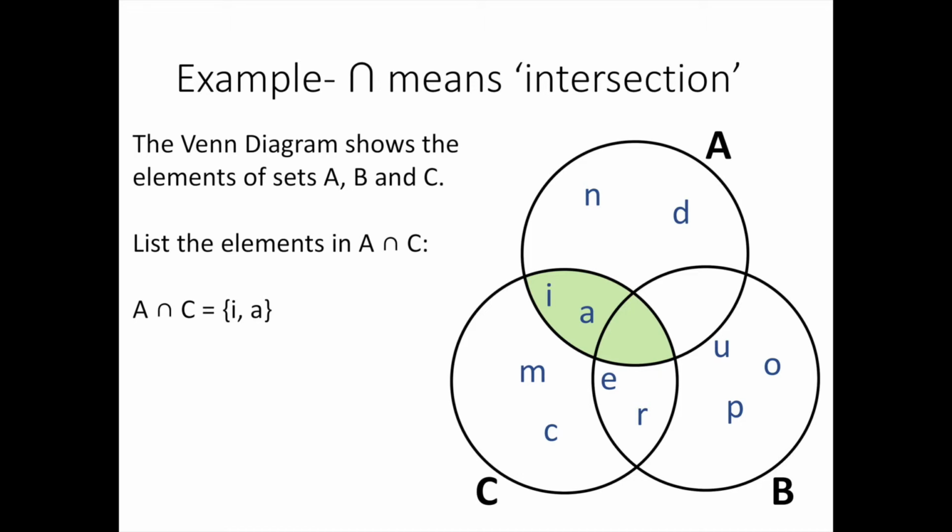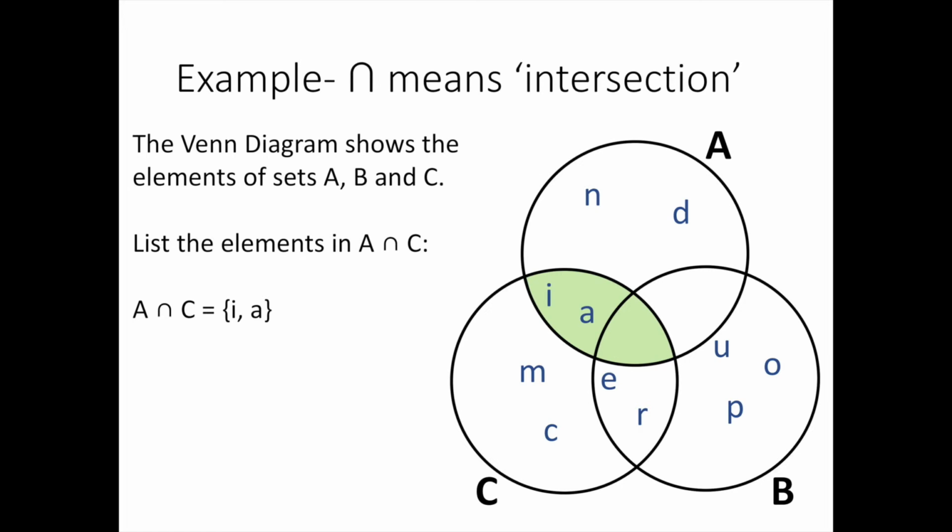The question says list the elements in set A intersection C. In this case, intersection means that the elements have to be in both set A and in set C. So they have to be in both circle A and circle C. That's the shaded area as shown in this Venn diagram. So the elements in A intersection C are the lowercase letters I and A as shown.